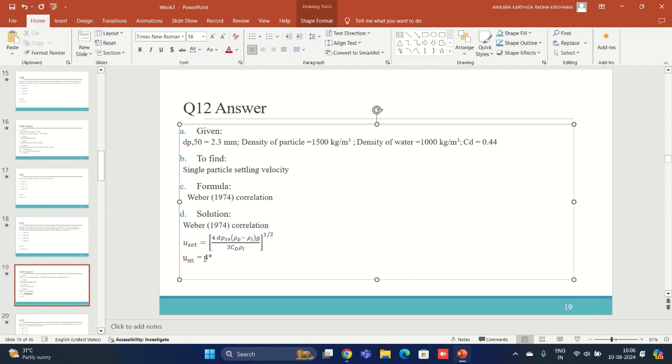So now we need to put everything in. 4 into dp50, which is 2.3 into 10 power minus 3, into rho p, which is 1500 minus 1000, into 9.81, divided by 3 into 0.44 into 1000, to the power of 0.5.